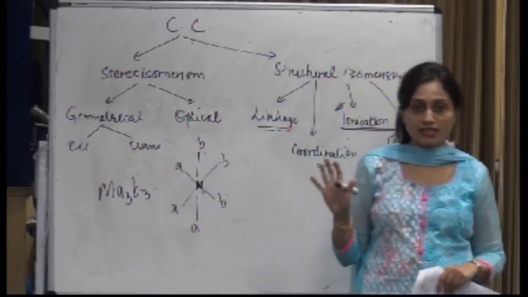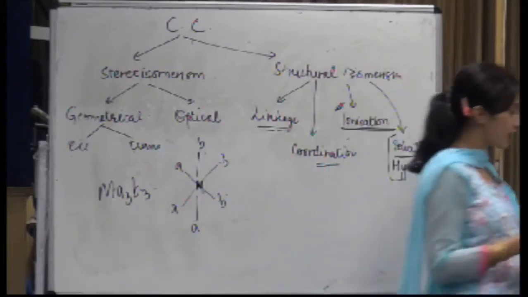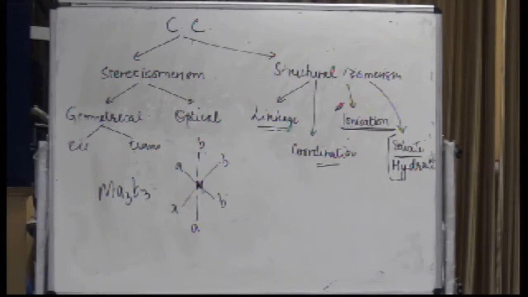This is kind of a cis, and there is another naming for them, that is facial and meridional. You have FAC and MER isomers also, which are generally given. I'll just put it for you. You try and draw the other isomer for this. Try and draw the other isomer.